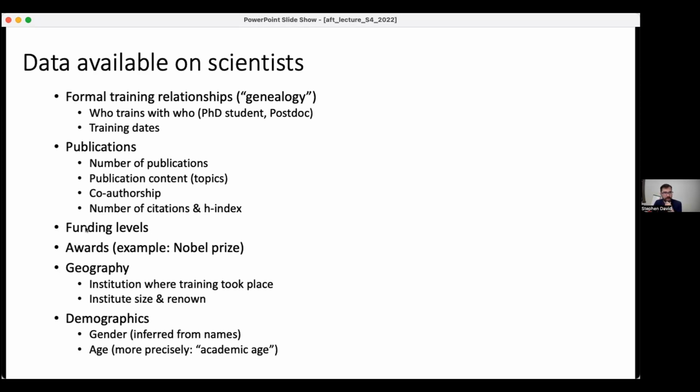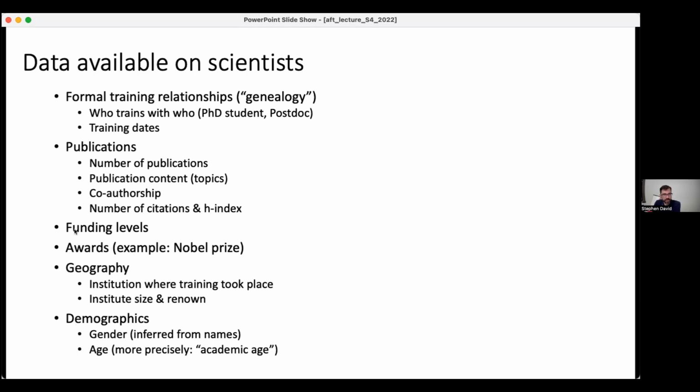Looking more broadly across the scientific enterprise, we can talk about things like funding. This is something where we've been acquiring linking data to individual researchers. Also, I think there's an area for expansion in other types of awards, right? So the Nobel Prize is the obvious one, but there are lots of other distinctions that scientists achieve that might tell you something about their career.